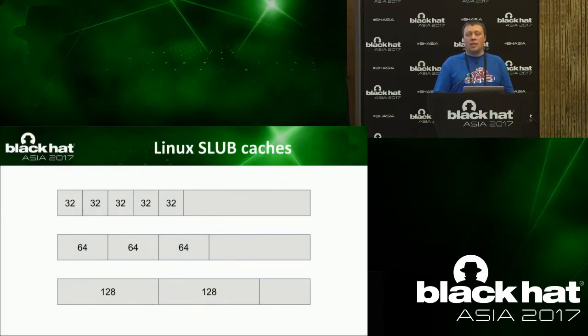So if your code requests 28 bytes, it will most probably find a free slot in slab cache 32 and return you this chunk. Your code actually receives a little bit more memory than requested, but it's totally transparent.